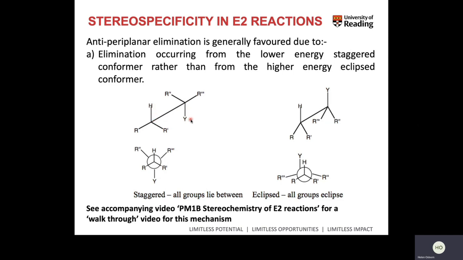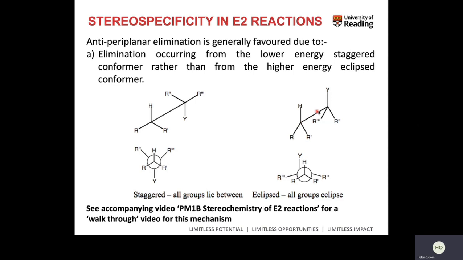So that's what we would draw to demonstrate this one, where these are in the same plane, but they're anti-periplanar. Now if we were to look at this alternative, where we said these were syn periplanar, SYN, syn periplanar, because they're both on the same side. If we again look along this bond, on this front carbon, we'd have our hydrogen sticking up, as shown here, our R to the left, our R1 to the right.